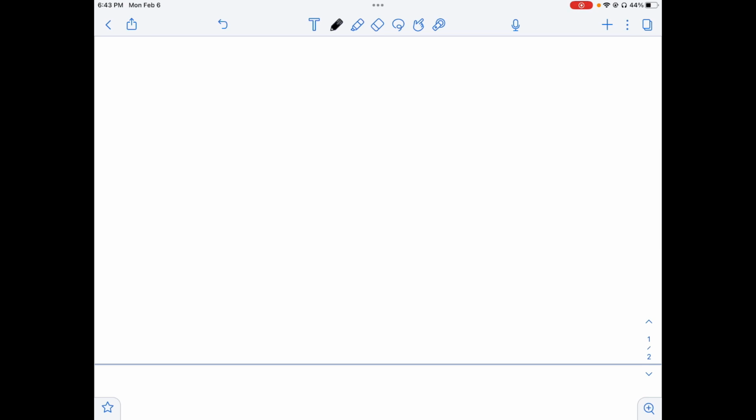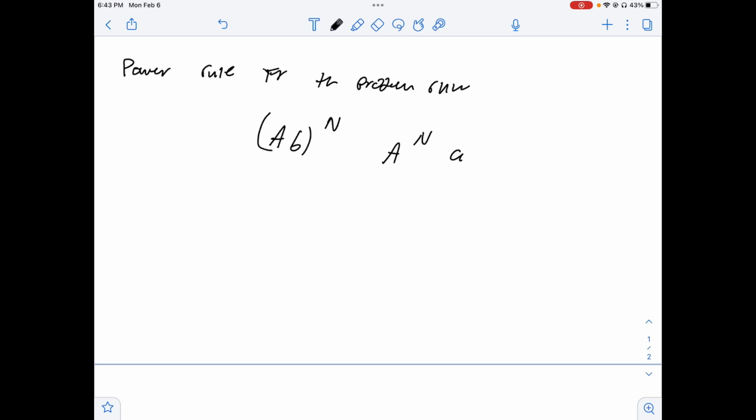The next rule is the power of a product rule, which states if n is a positive integer and a and b are real numbers, a times b in parentheses to the power of n is a to the power of n times b to the power of n, and you have your answer.